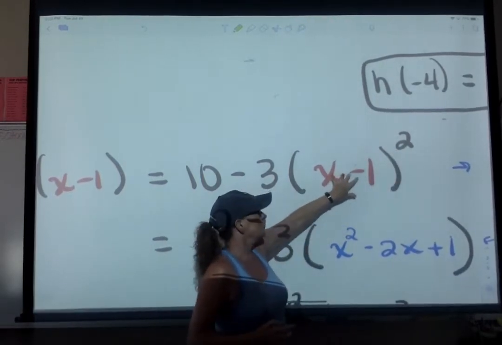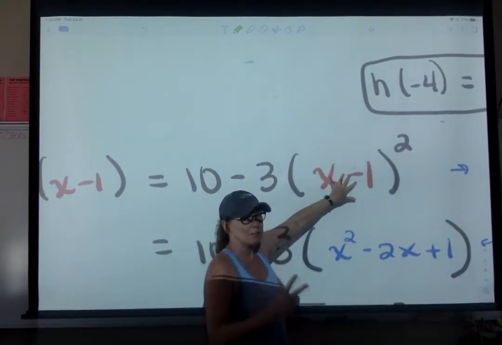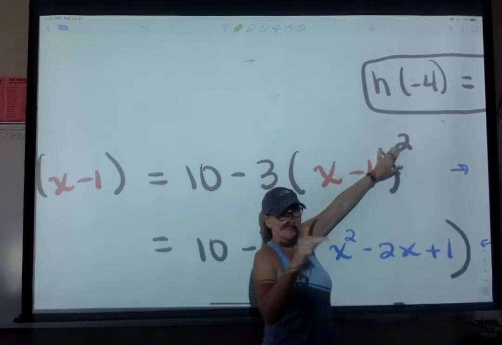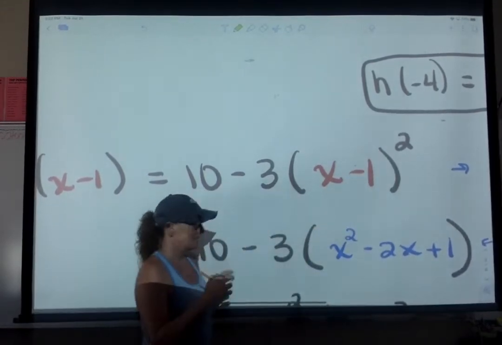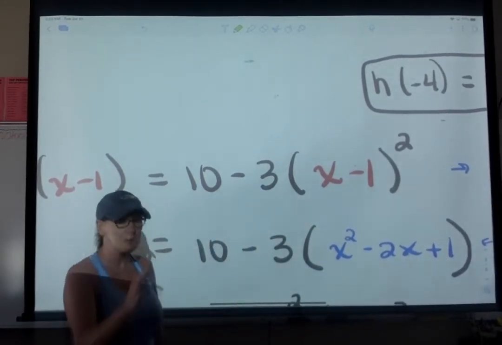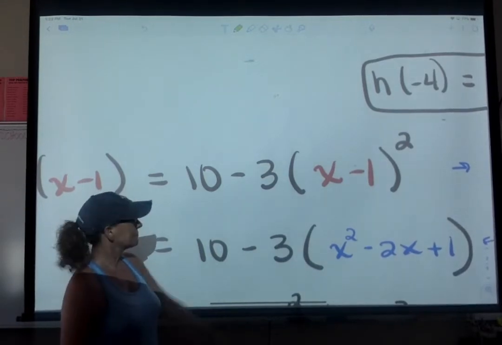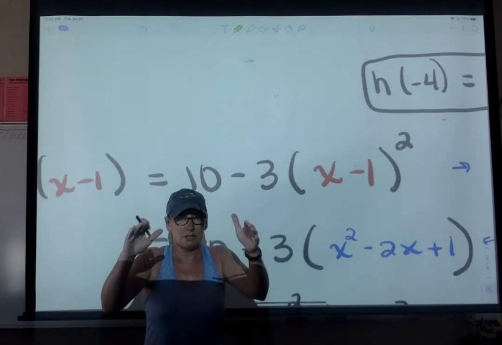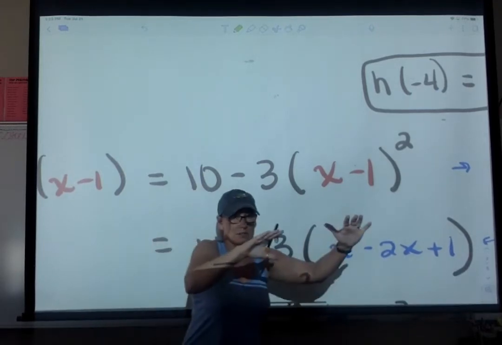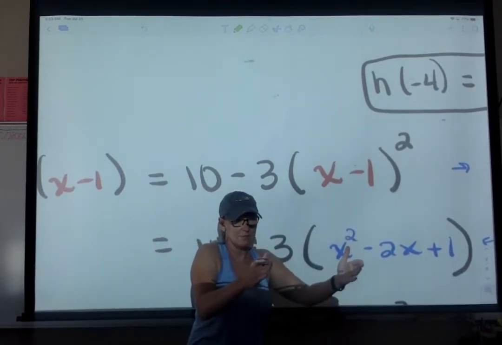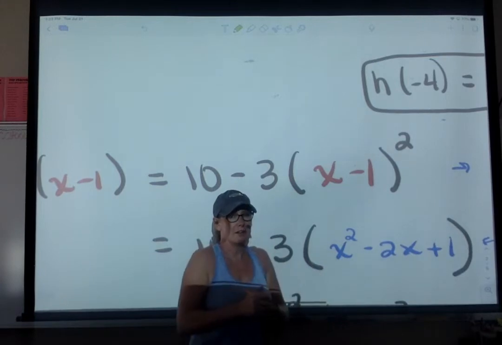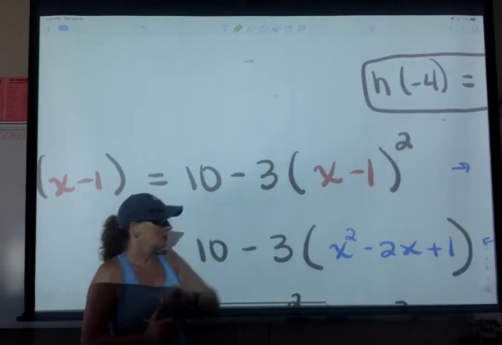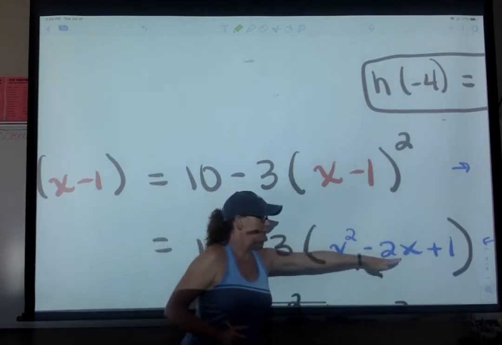So, you need to take this binomial, x minus 1, and you need to multiply it by itself. Now, here's what I would like for some of you to do. I would like for some of you to visualize x minus 1 times x minus 1. FOIL it in your head. Collect like terms. And write this on your paper.